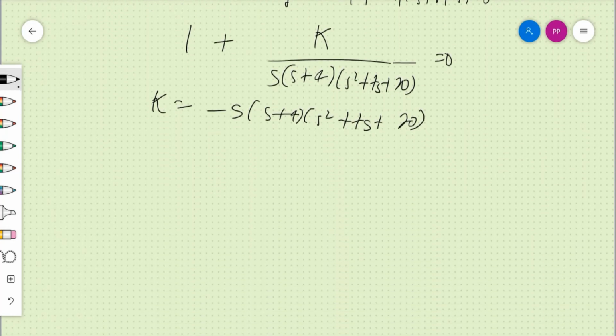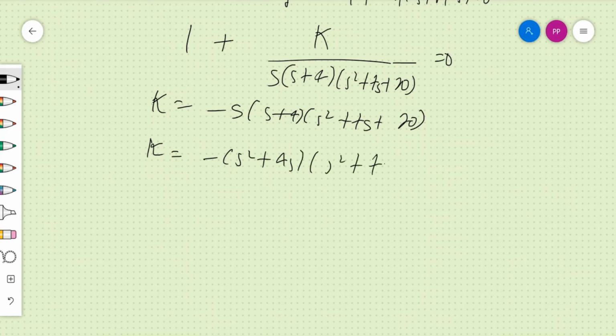Take a pause, because I have solved it beforehand to save time. You take a pause and simplify it yourself. So this is minus s square plus 4s, times s square plus 4s plus 20.